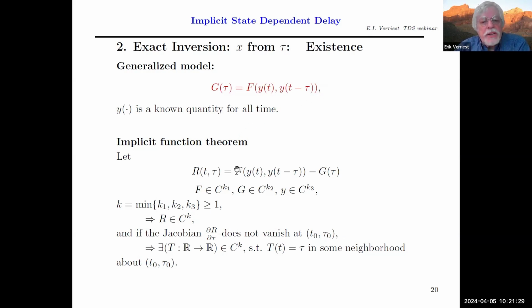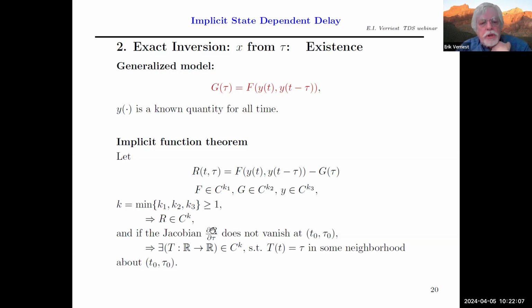Now, if I assume that f is k1 times differentiable, g is k2 times differentiable, and y is k3 times differentiable, and k is the minimum of these three integers, and that minimum is larger than 1, then it turns out that this r function, which is basically the difference, so we want the r function to be 0, is on the right-hand side at least k times differentiable.